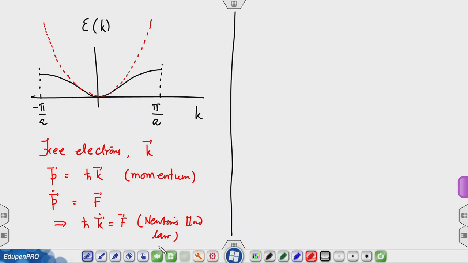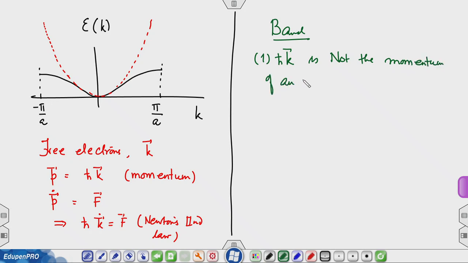What happens in a band? Let me just recall quickly. If you have a band, number 1, k or h cross k is not the momentum of an electron. Nonetheless, k is a good quantum number.